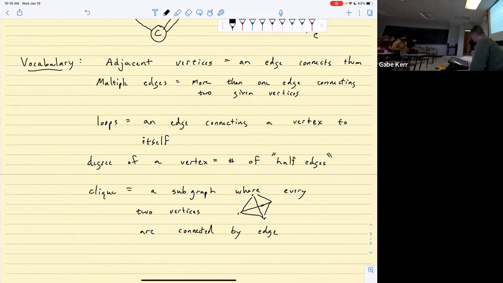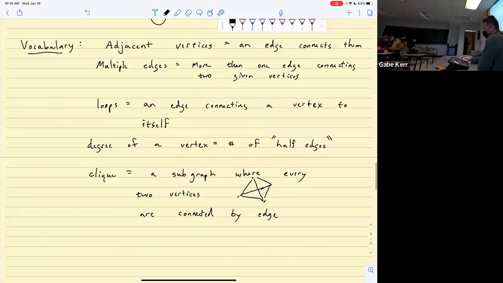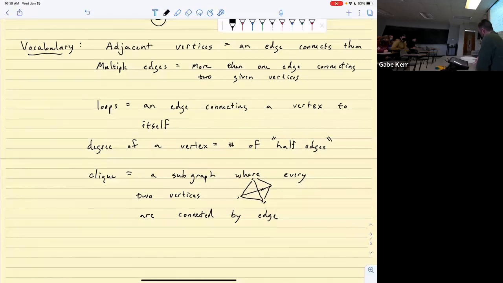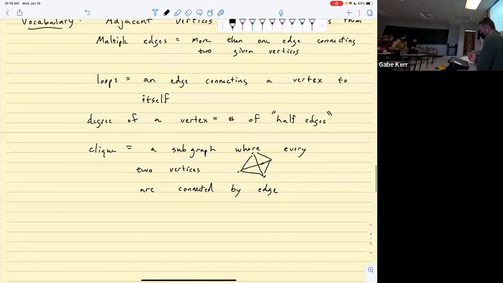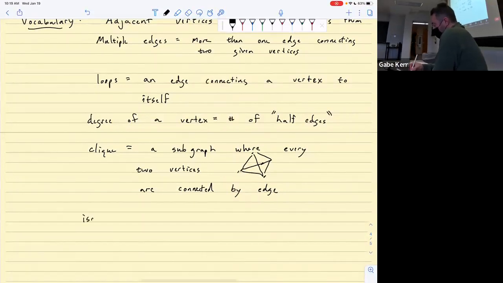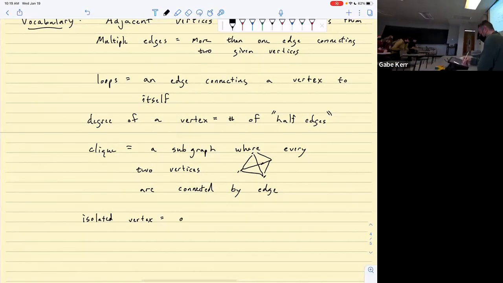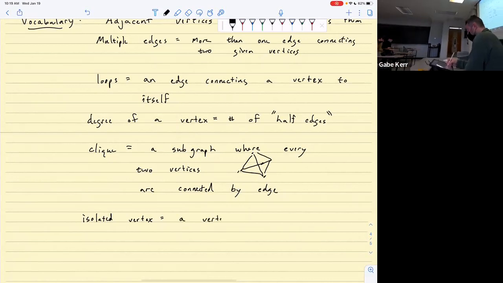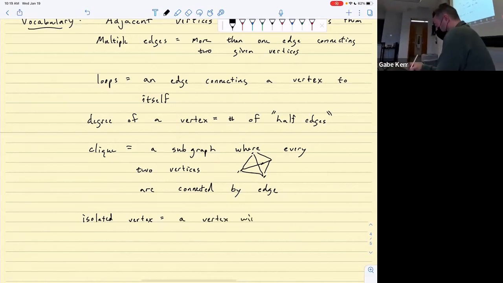All right. Now the opposite of a clique would be an isolated vertex. It's like a very lonely person. So it's just a vertex with no connections.